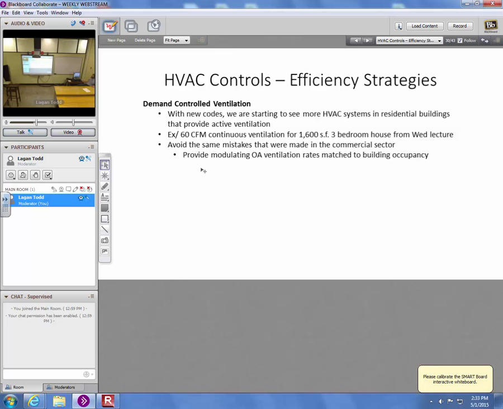What I see with a lot of the HVAC and control stuff in residential is it lags way behind commercial. If we could just get those people talking to each other a little bit more and say, well, in the commercial world, there's an easy solution for that, we just do this, then we make some quicker strides toward greater efficiency.